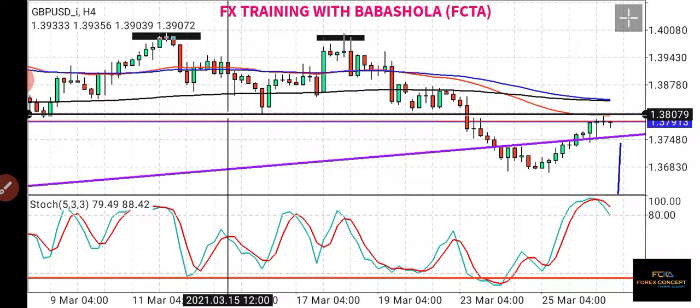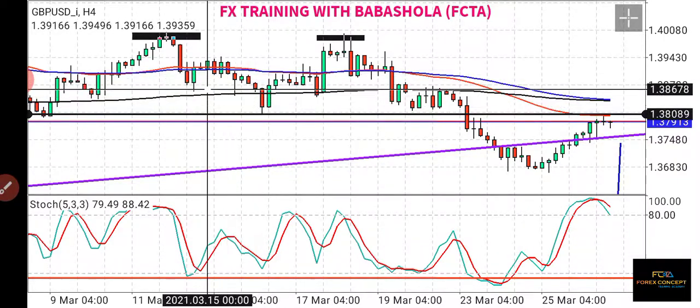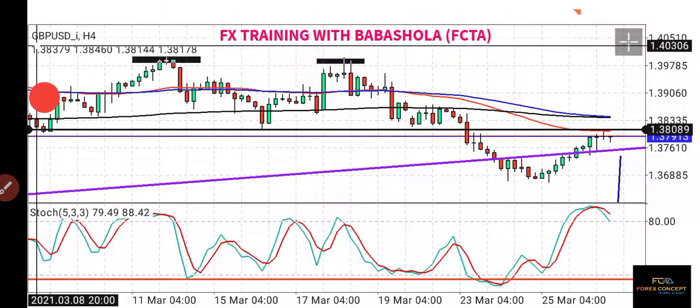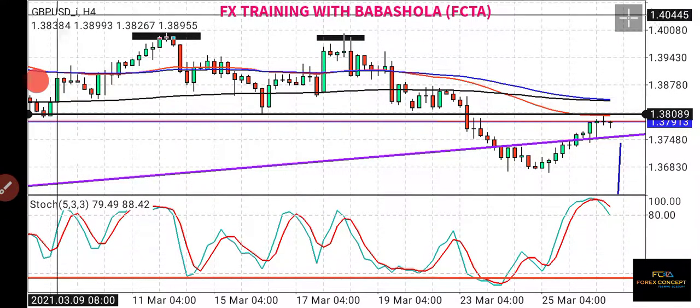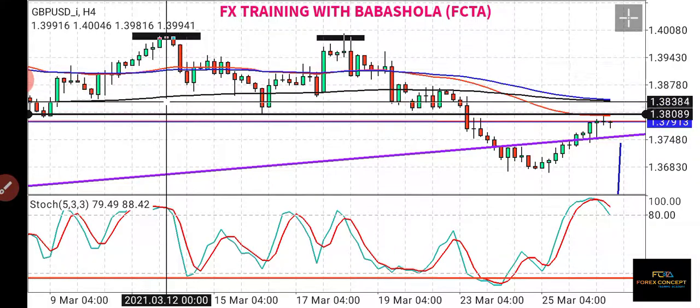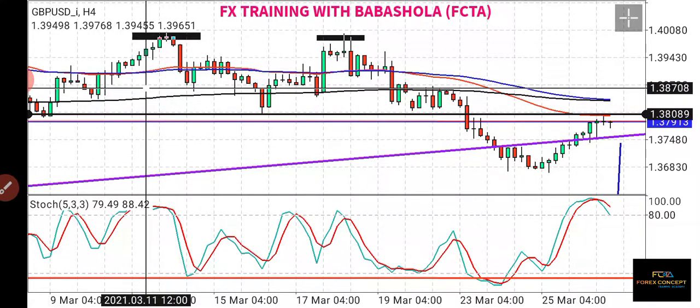So if this black resistance which I indicated with a black line does not work, then our trade will be invalid.